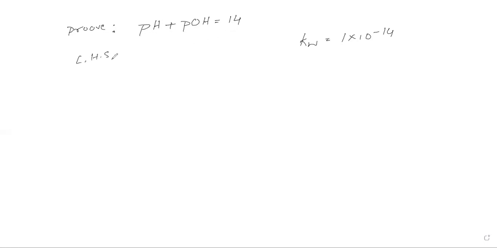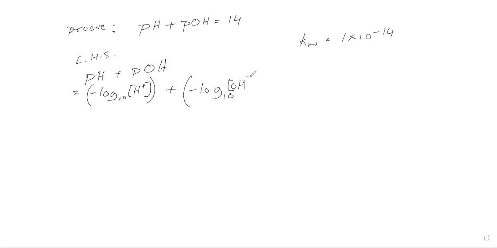Working with the left hand side, we can write pH plus pOH as what? We know pH is the negative logarithmic function of the concentration of H plus. Similarly, for the addition, I'm writing the pH value and pOH value in brackets. pOH means the negative logarithmic function of the concentration of OH minus.